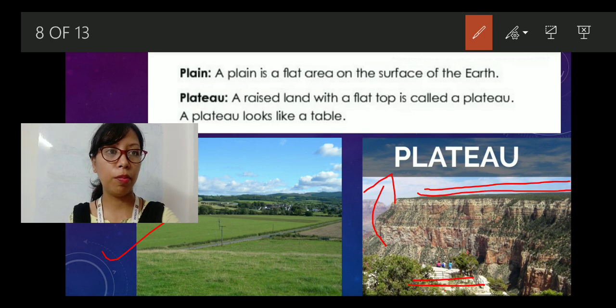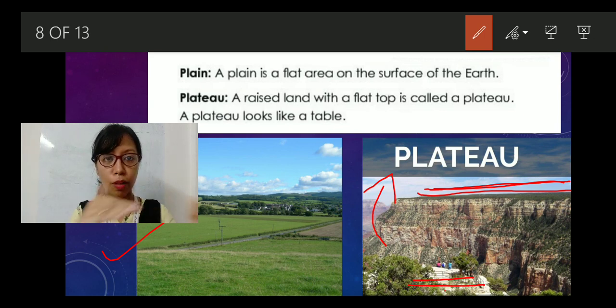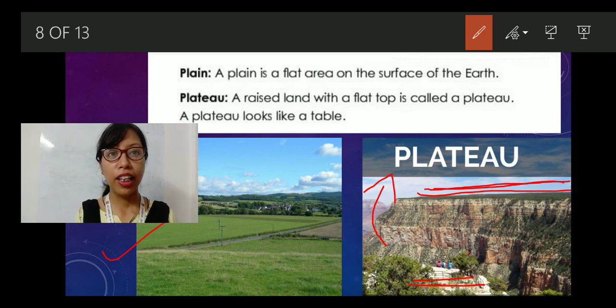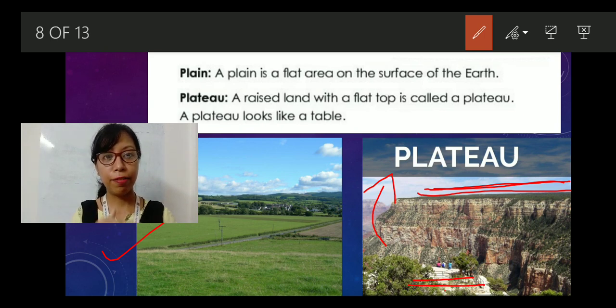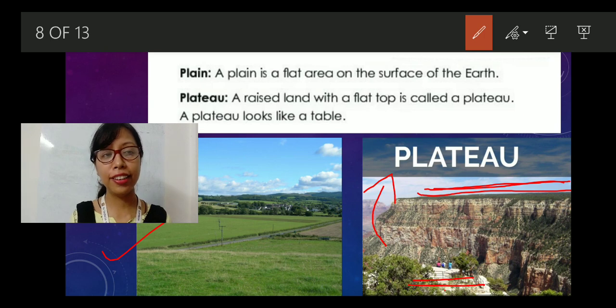The top of the plateau is flat, and it looks like a table. That's why this structure is called a plateau. Remember, the plain is the flat surface and the plateau is a raised land with a flat top that looks like a table.